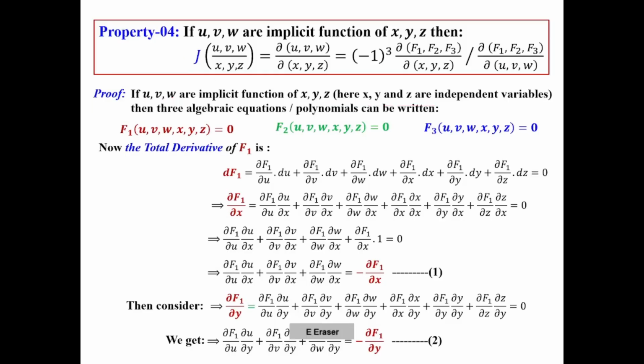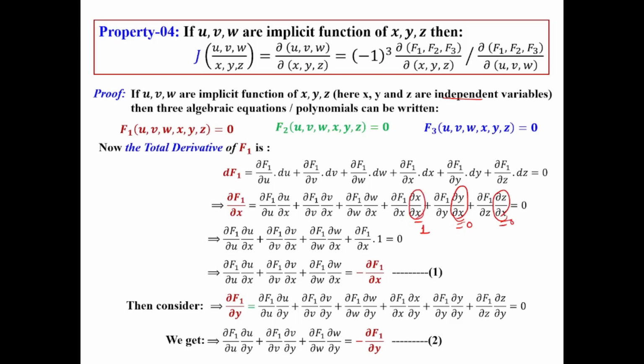So here you can see the differentiation of ∂y/∂x will be 0, because y and x both are independent variables. Likewise, ∂z/∂x also will be 0, but ∂x/∂x the value will be 1.